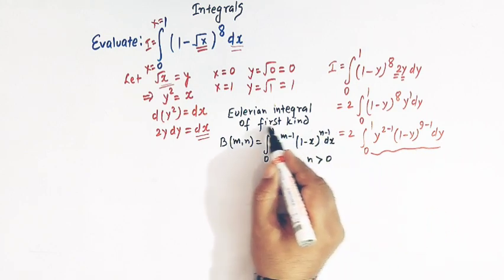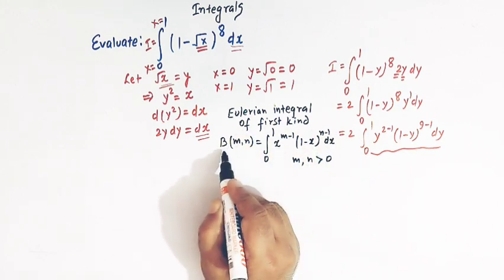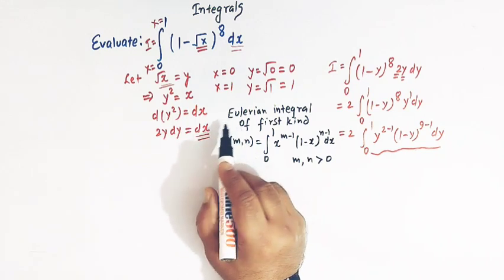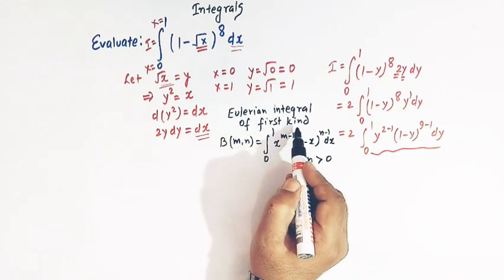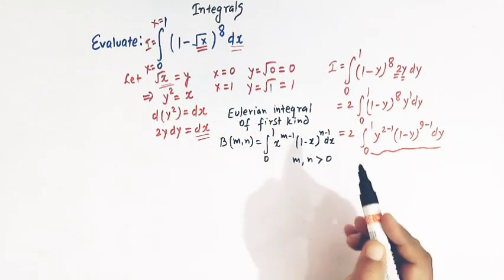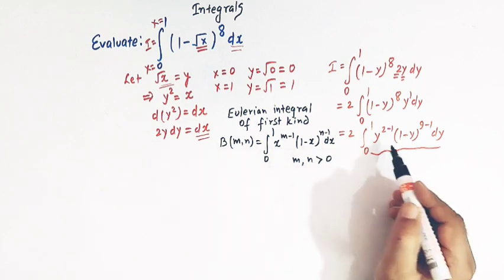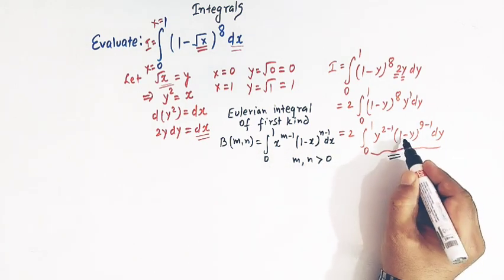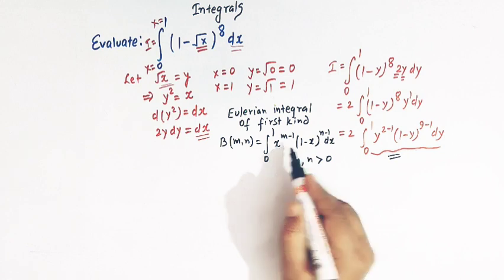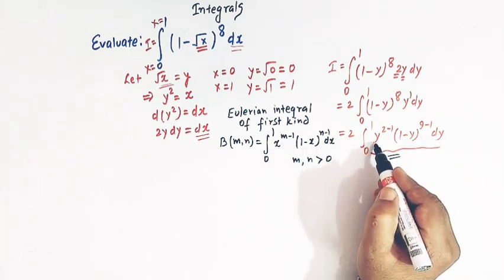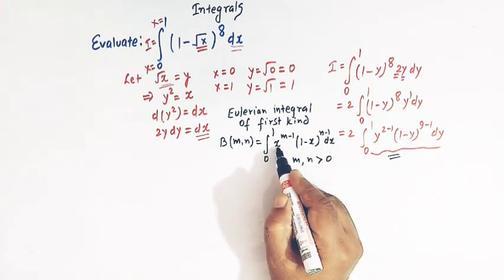This integral is known as beta function, or the Eulerian integral of first kind. And here we see that this integral is similar to this one, except the variable. Here we have y and here we have x.